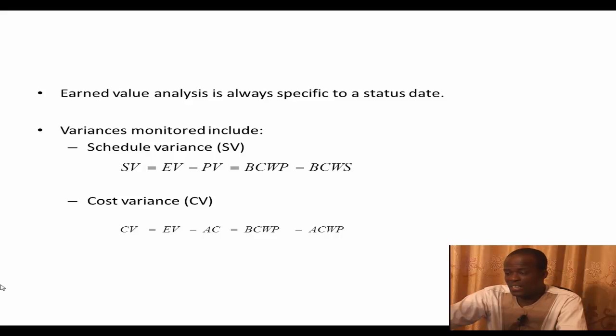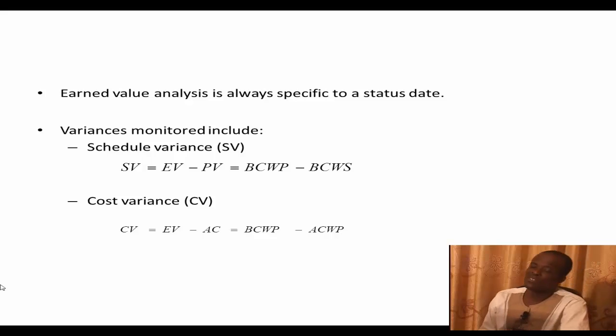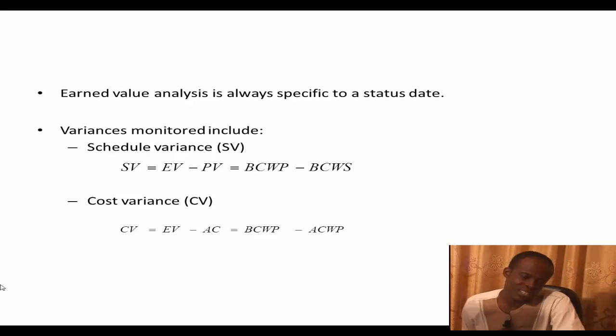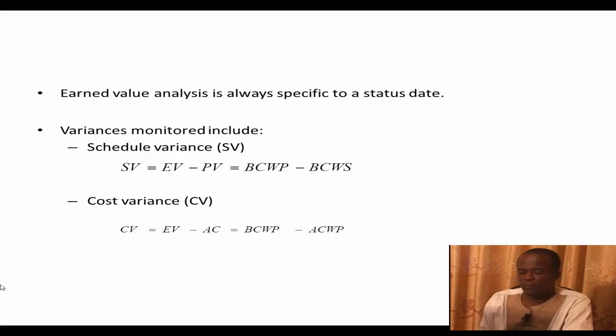As can be seen in the mathematical equation, SV is given by EV minus PV, which is the same as BCWP minus BCWS. For the difference between EV and PV, we don't really care about the magnitude, it's the sign that's most important. If it's negative, then for SV it tells you that you are running late, or you're not on schedule.